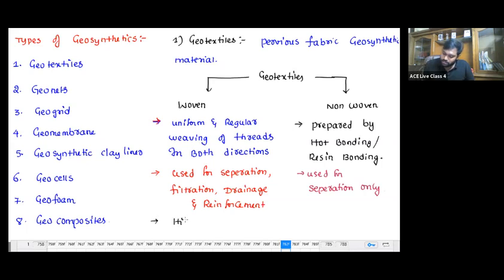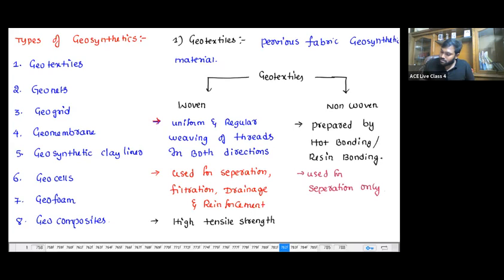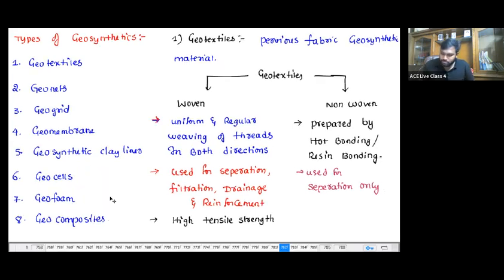And here it has high tensile strength and low strain, which means it can take a more tensile load. That's the reason why we go for reinforcement: to improve the tensile strength.